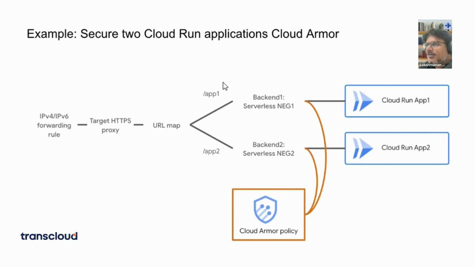The URL map will say, if it is /app1, it has to go to the Cloud Run app1, and if it is /app2, it has to go to app2, right? So this is the host and path-based routing that we can configure in our load balancer. And the Armor policy will be attached directly to the backend services. So when any request comes to the backend, it will be validated for all the different types of attacks that we talked about earlier, and your applications will be protected from all of that.